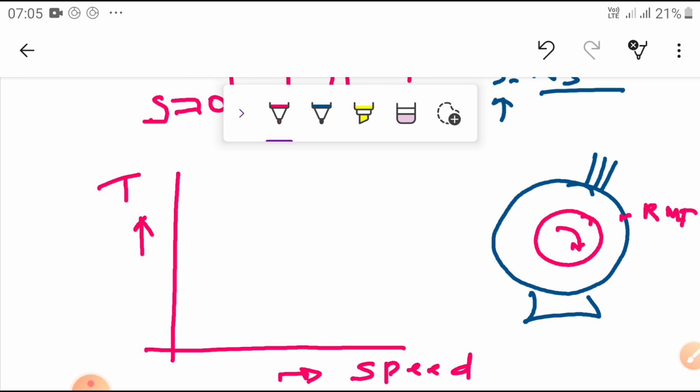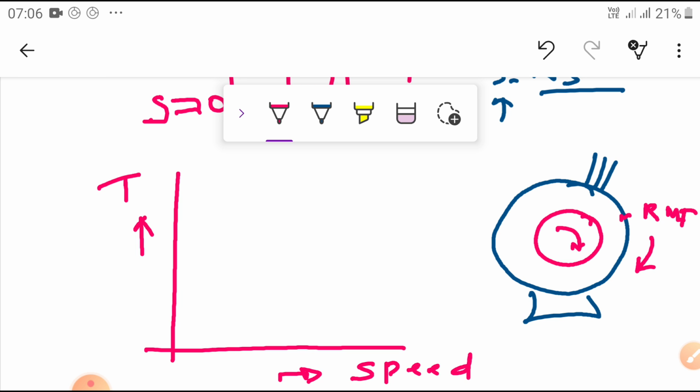This rotating magnetic field sweeps the rotor conductors, hence rotor conductors also produce their own magnetic field. This field is generated in such a way that it opposes the cause of its production as per Lenz's law. Then it will try to reduce the relative speed between the rotor conductors and the rotating magnetic field. Thereby, the rotor will try to rotate in the same direction as the rotating magnetic field.